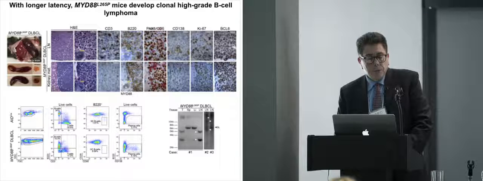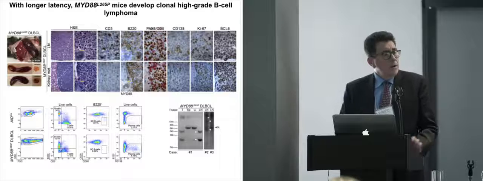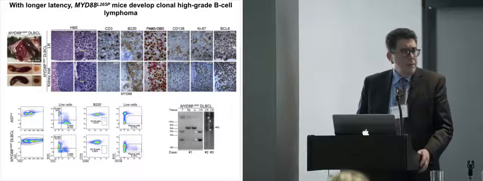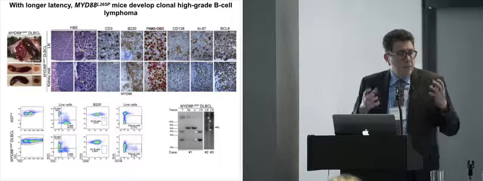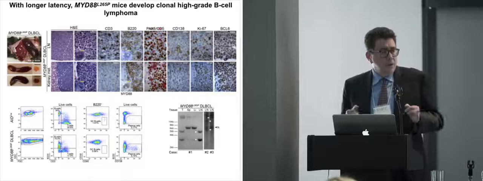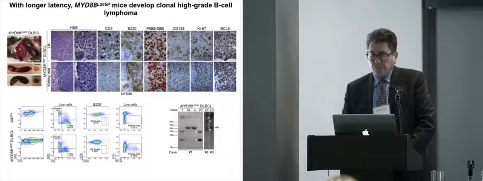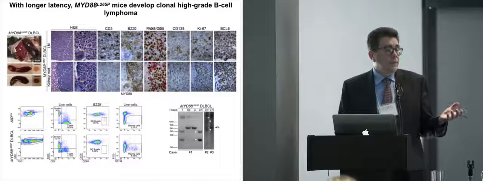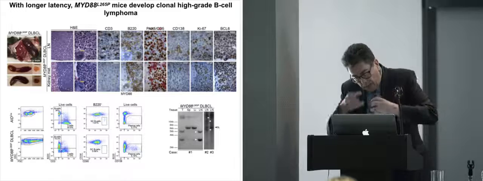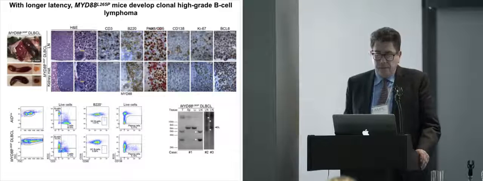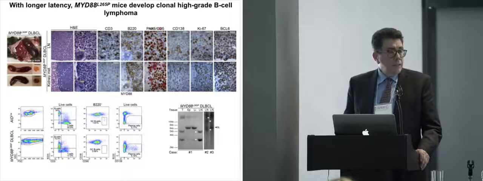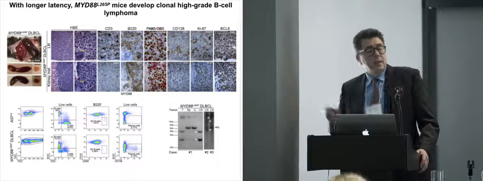And by histopathology, what we observed is that there were not the classical LPL cells, the lymphoplasmacytic cells, but there were these very large cells, ugly cells, terrible cells. And they were B cells, and they have a high proliferation index. These cells were growing like crazy. And this was consistent with a diffuse large B-cell lymphoma.